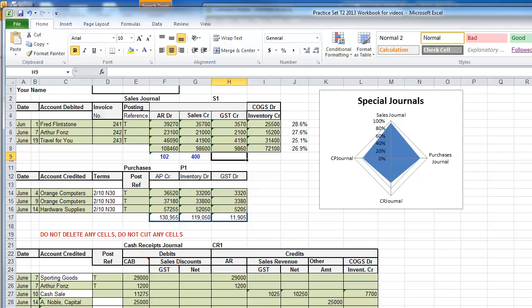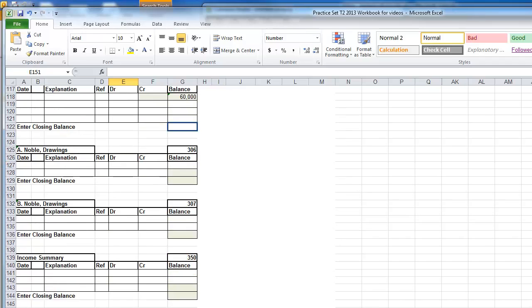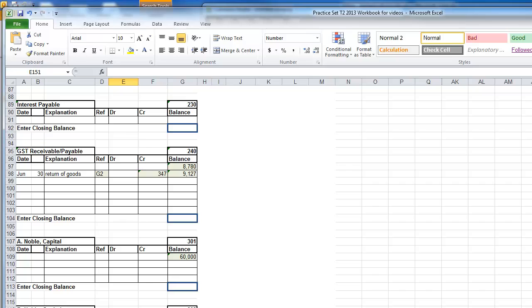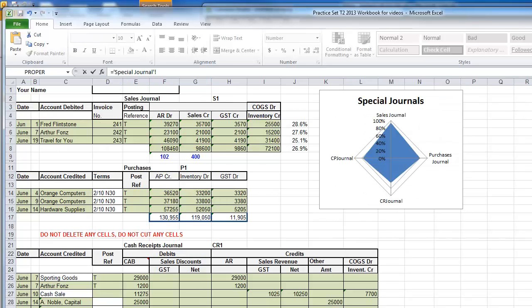GST, general ledger, and accounts receivable and payable. Again, I just said call it receivable and payable because accounts receivable is an asset, accounts payable is a liability. So June 30, S1, and this is going to be a credit because this is money you've collected from your customers on behalf of the Australian Tax Office.